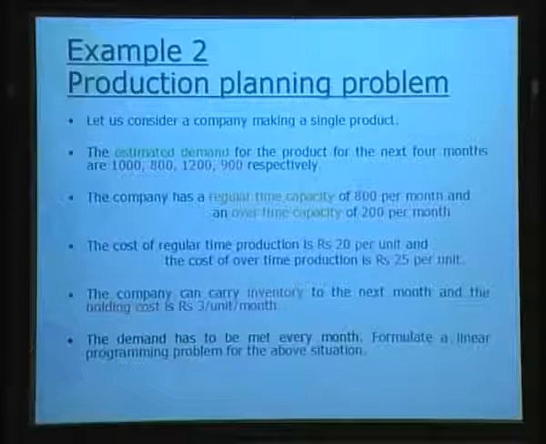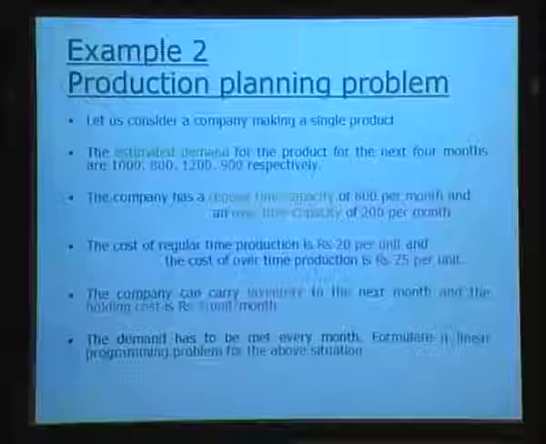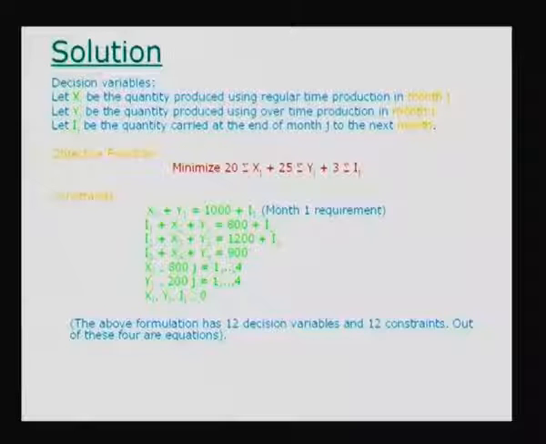The important condition is that the demand has to be met every month. We cannot have shortages. Now, let us try to formulate a problem that represents this situation and also try to understand a few more things about problem formulation as we proceed.